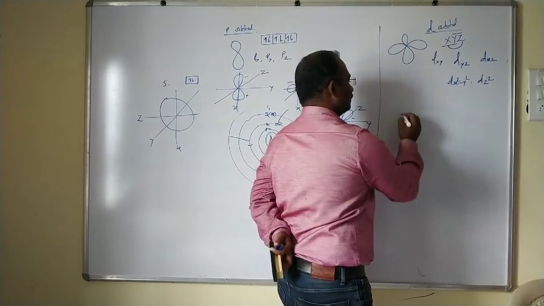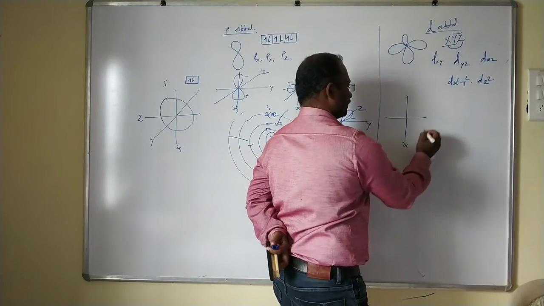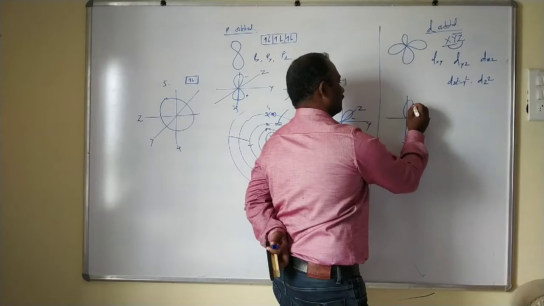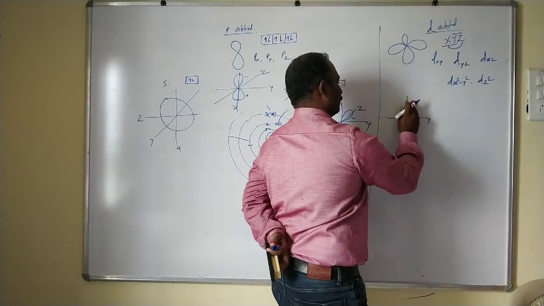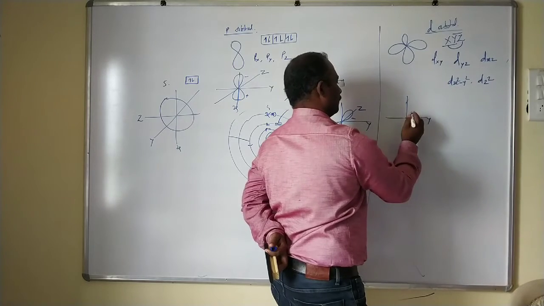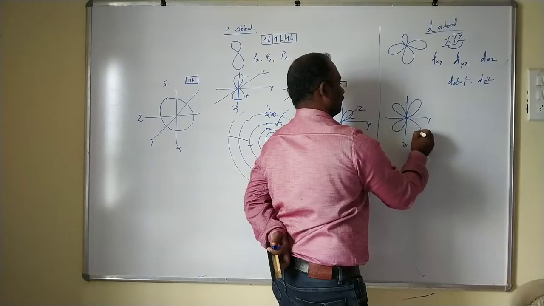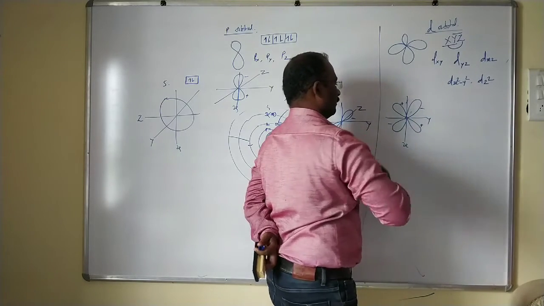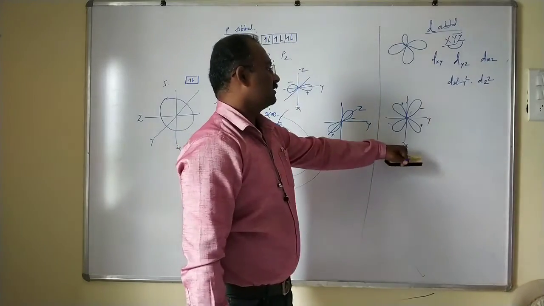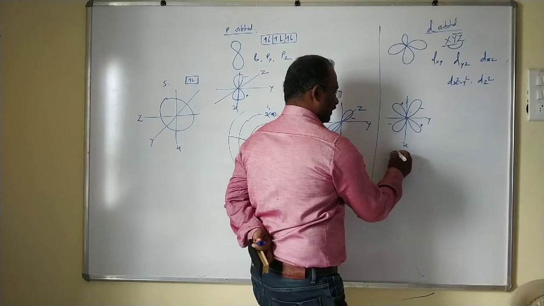This is the xy, this is the x, this is the y. This is the shape of xy, means this is the shape of dxy.